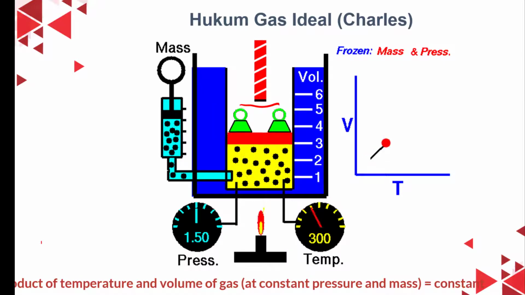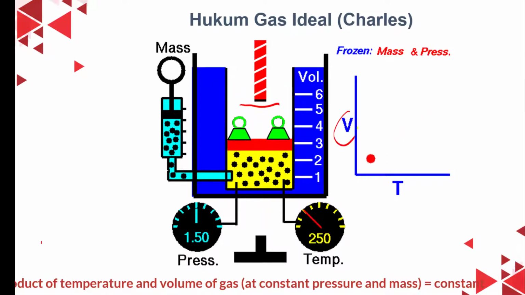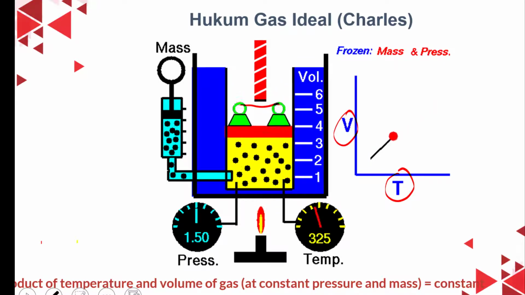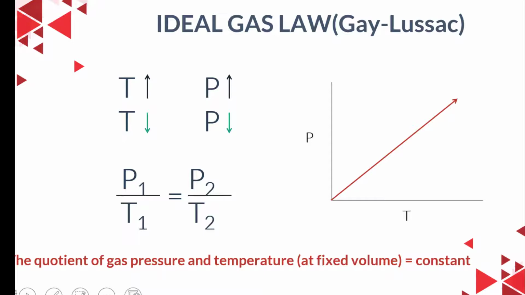But when the temperature is low and we turn off the fire, the volume decreases. It shows that volume equals a constant times the temperature. Charles shows the correlation between temperature and volume in this diagram.